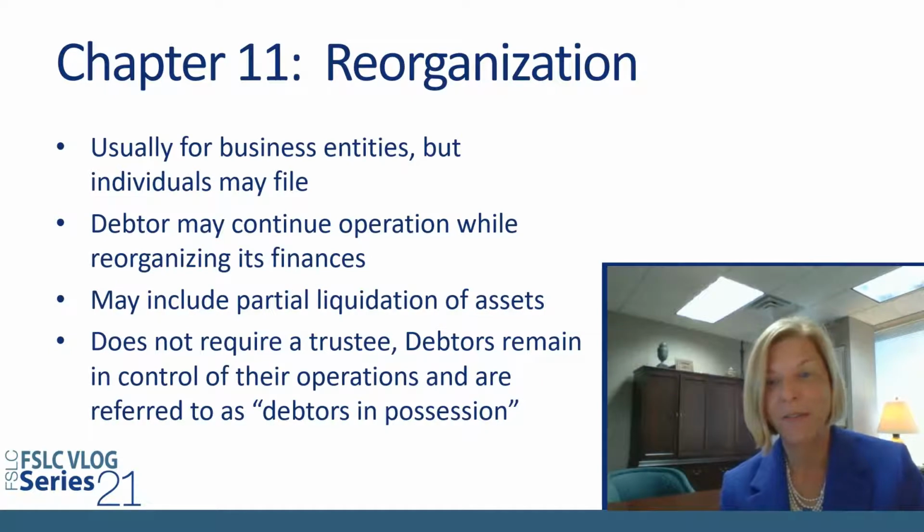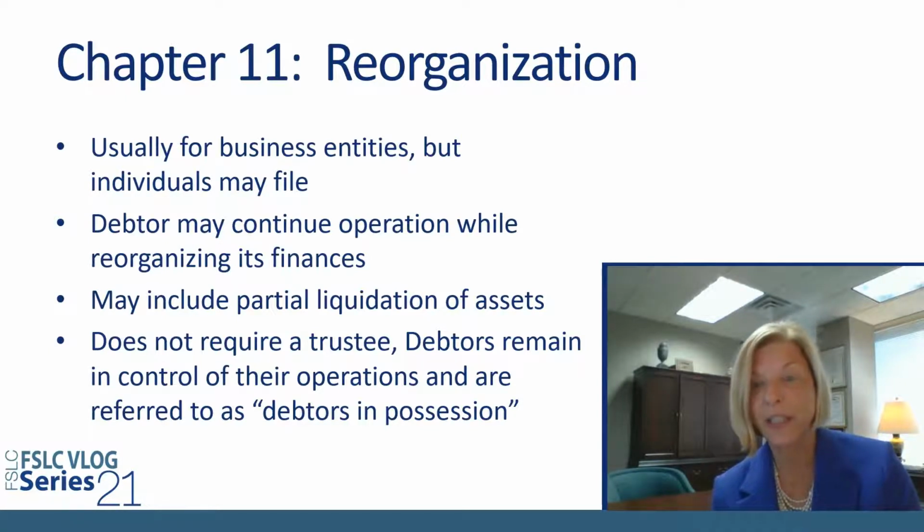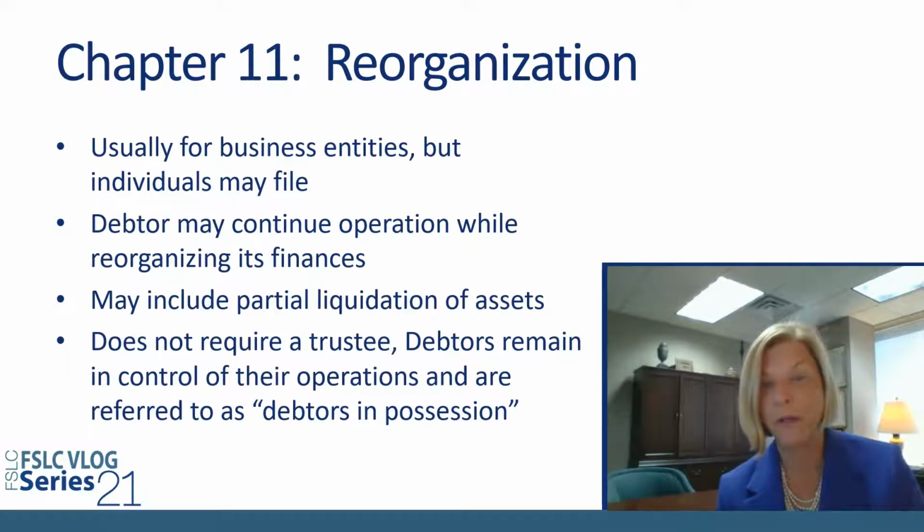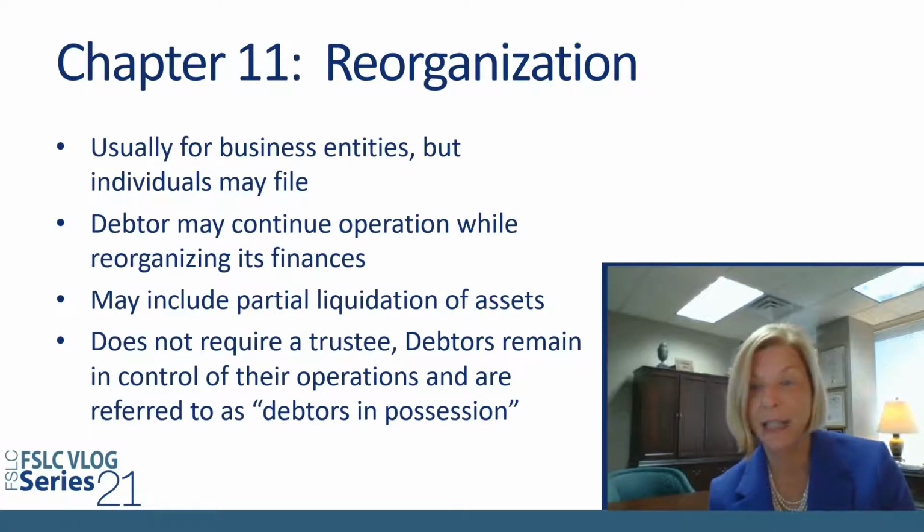A Chapter 11 can include a partial liquidation of assets or a plan of reorganization where the assets are reorganized, or both. They can do both liquidation of assets and reorganization of operations.